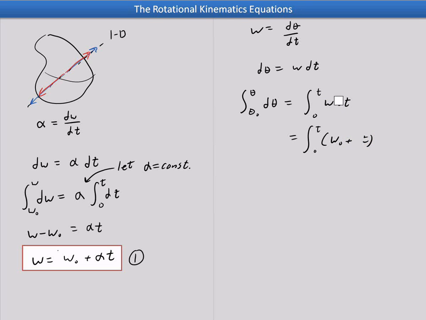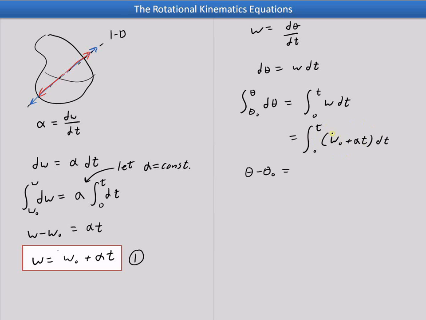And let me clean this up. I'm getting a little sloppy with my handwriting. That's a lowercase t. This is an alpha t dt. Okay, and on the left-hand side, we get theta minus theta naught.